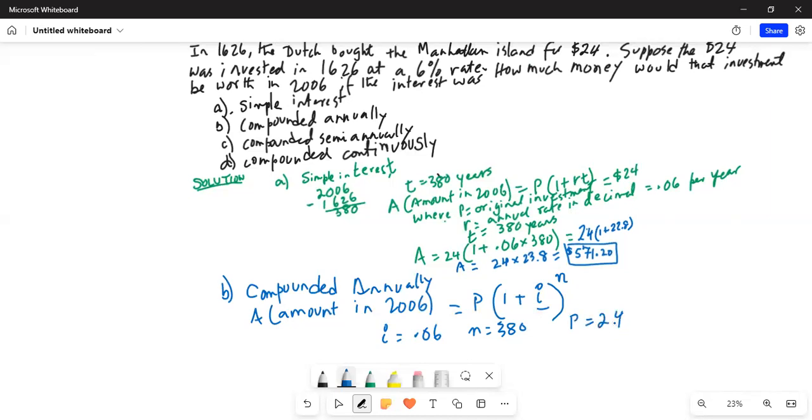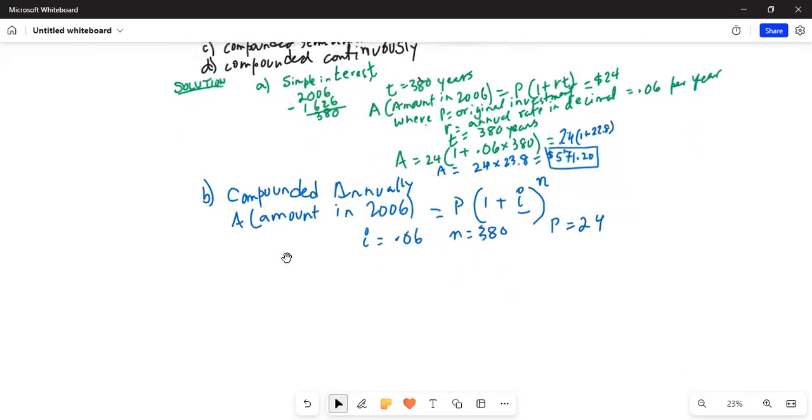So the amount is equal to 24 times 1 plus 0.06, and we are investing it for 380 years.